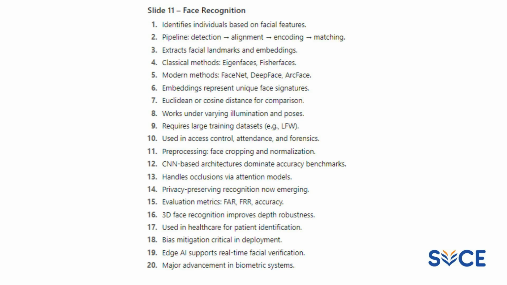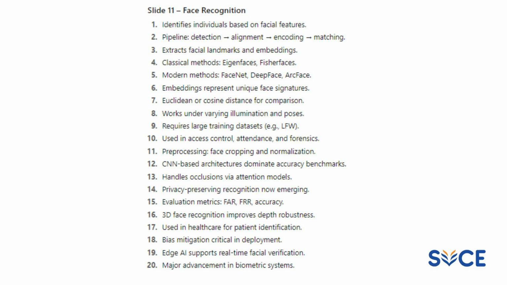Next one is VGGFace, as well as VGGFace2. It was developed by Oxford, a deep CNN model trained on millions of faces. Next one is DeepFace recognition, a popular open source implementation using deep learning embeddings.